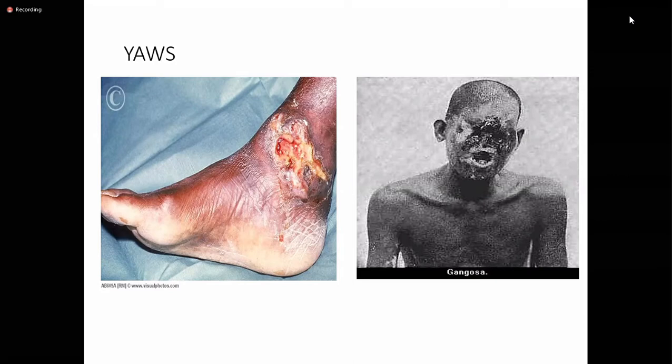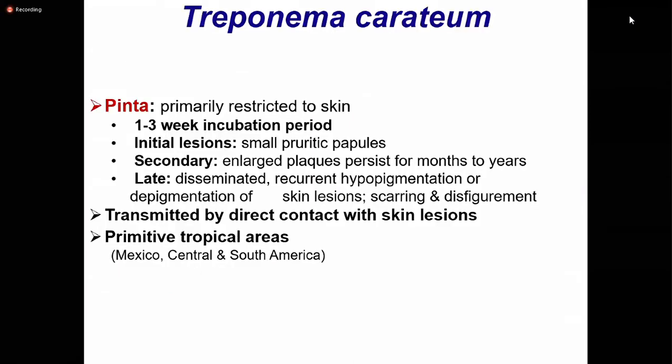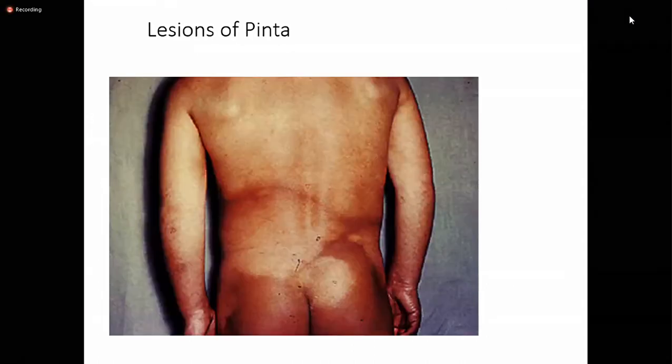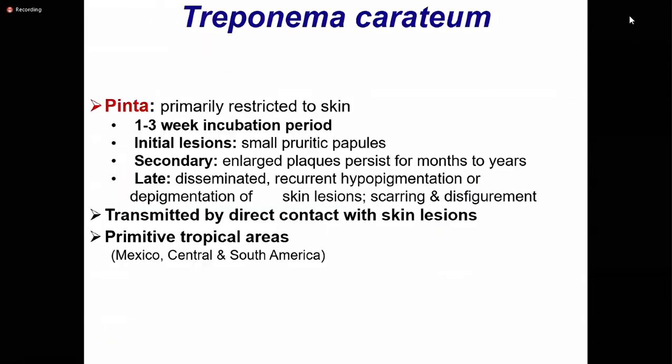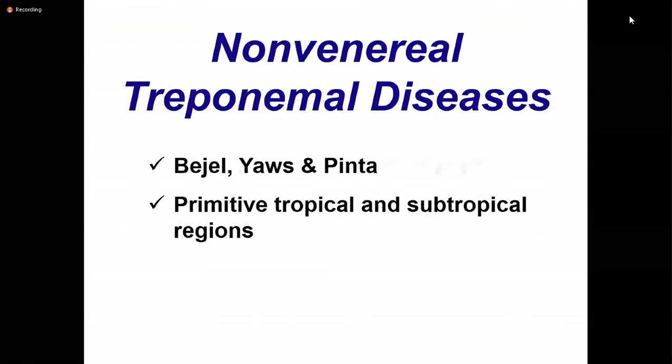As I said, we don't see much yaws in the area here. Pinta, one of the non-venereal diseases, is primarily restricted to the skin, with an incubation period of a few weeks. It has clinical manifestations as initial or first, secondary, or late, like we see in Treponema, again transmitted by direct contact with skin lesions. And this is how it looks like with the disease. So these are the three. I will go back again.